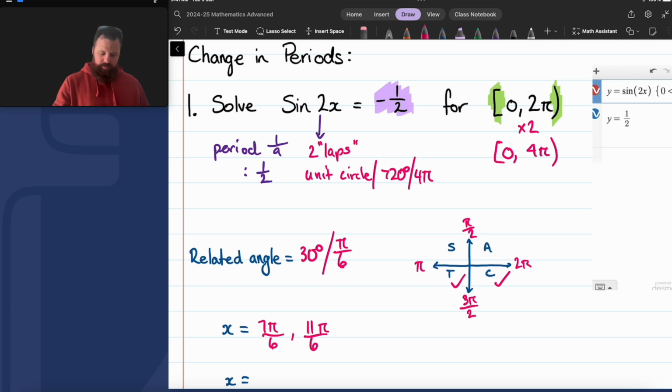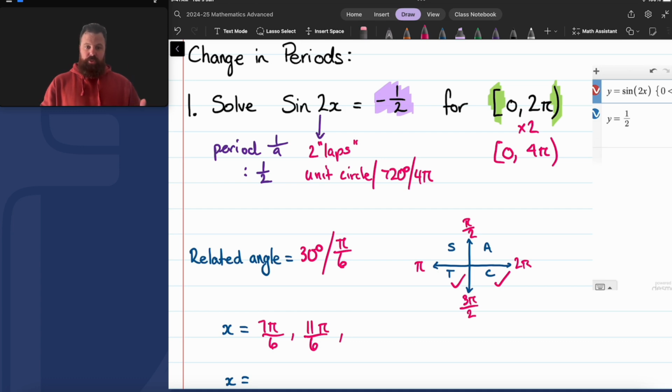Now remember how I described this as two laps? Well, my next solution that I'm going to write down is just 360 degrees away from the first solution I wrote down. Or in this case, an extra 2 pi away.